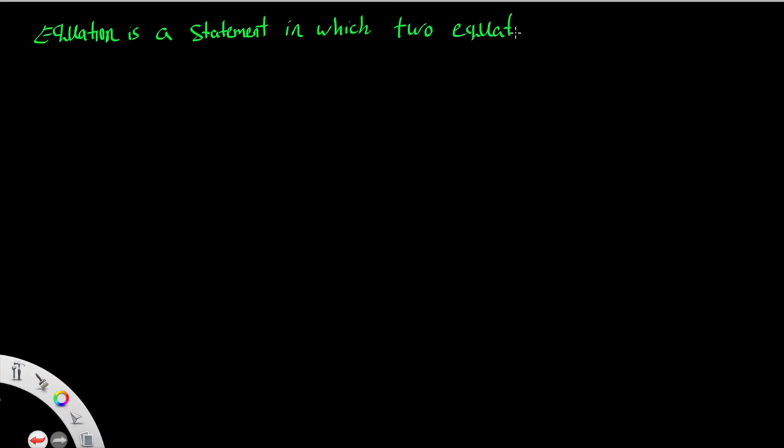Let's first see what an equation means. An equation is a statement in which two expressions are equal.